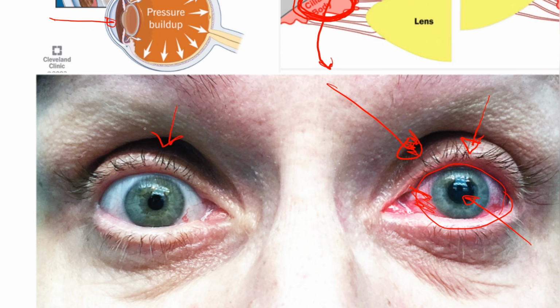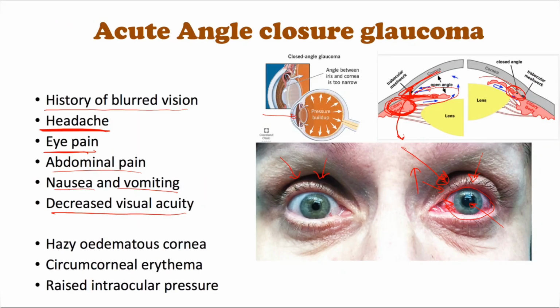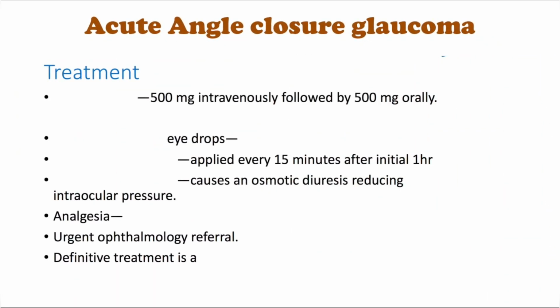Compared to the other side, you feel that the resistance and pressure is more on that side. So you can say this is acute angle closure glaucoma. As we said, there is usually a history of glaucoma.